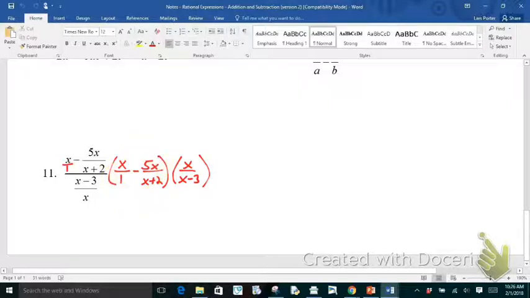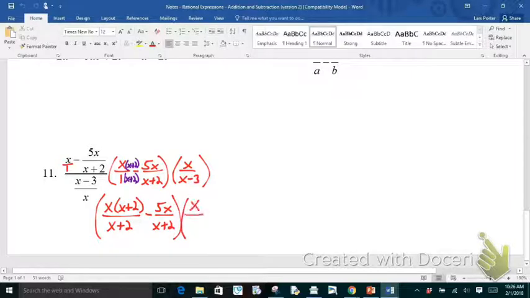So, working in purple, I need the common denominator of 1 and x plus 2 needs to be x plus 2. So I'm going to slip this in here. I hope you guys think this is okay for me to multiply this x over 1 times x plus 2 over x plus 2. So that's going to give me x times x plus 2 over x plus 2 minus 5x over x plus 2.